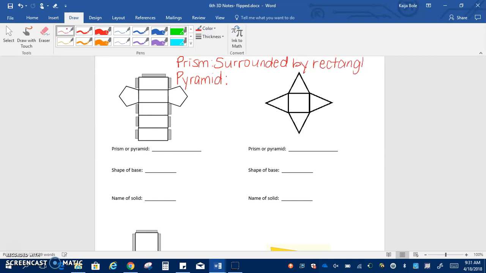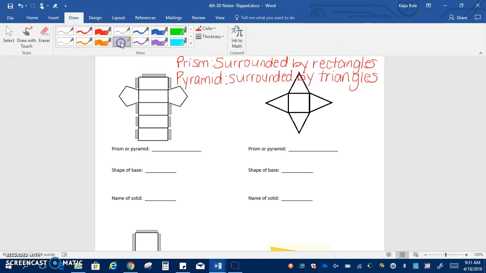Right, and then a pyramid is surrounded by triangles. So I think to help you remember the difference, every time we think of a pyramid, we think of triangles, right? So that's how you can help yourself remember.